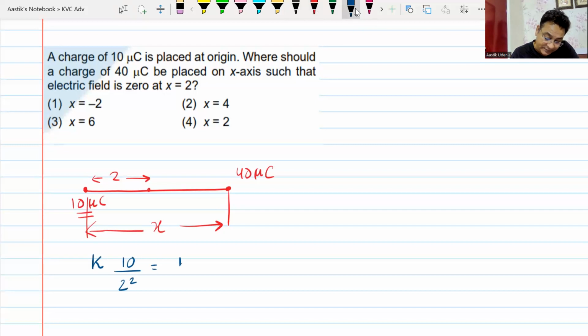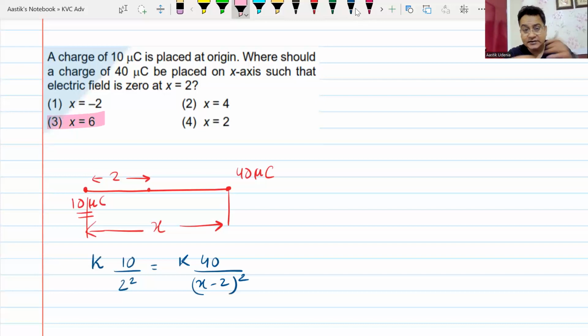The electric field created by the other charge will be k into 40 divided by x minus 2 whole square. I guess you can solve this. And the answer that you are going to get after solving is x is equal to 6. And that is the answer, my dear friends.